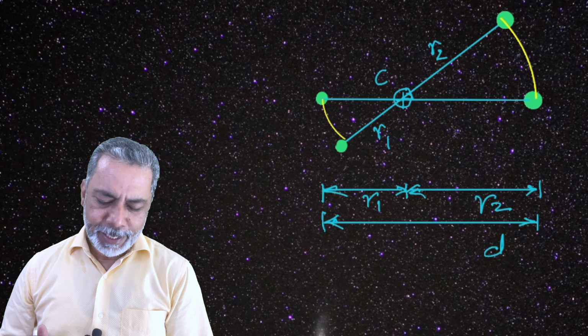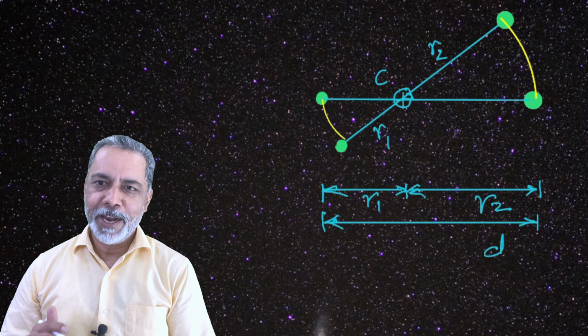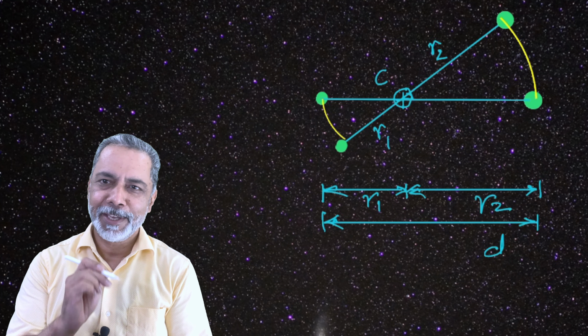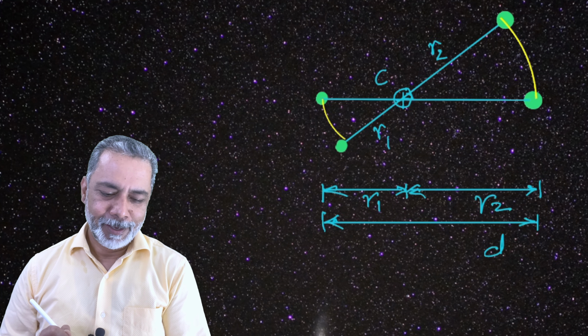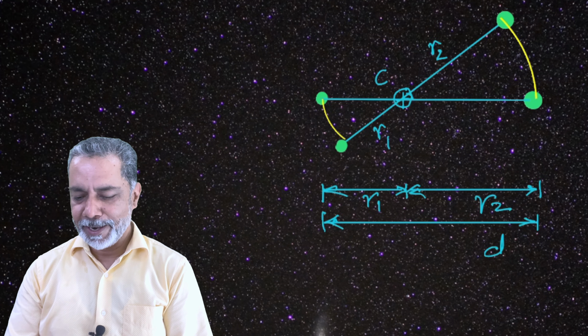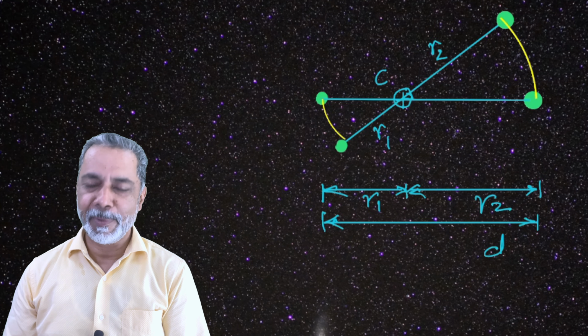These two stars are located at a distance d apart from each other, and they now rotate about their common center of mass.